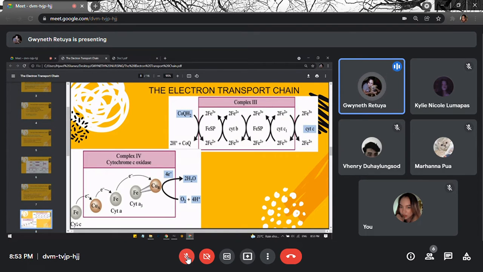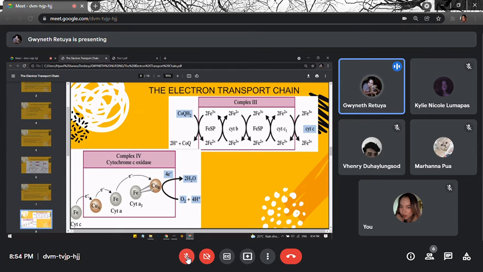In cytochrome C, there are 4 electrons here. They will be transferred to copper A. Then the electrons from copper A will be transferred to cytochrome A. Then the electrons from cytochrome A are transferred to copper B. 4 electrons from cytochrome C are required to totally reduce O2 to water.